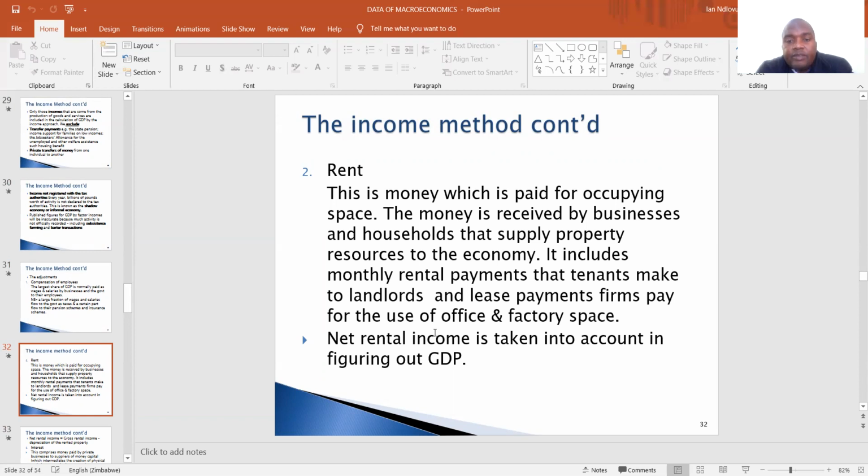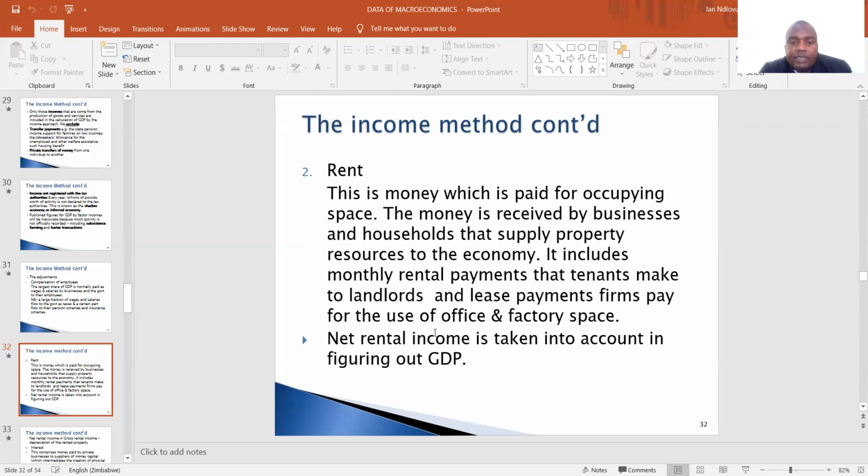The money is received by businesses and households that supply property resources to the economy. It includes monthly rental payments that tenants make to landlords and lease payments firms pay for the use of office and factory space.